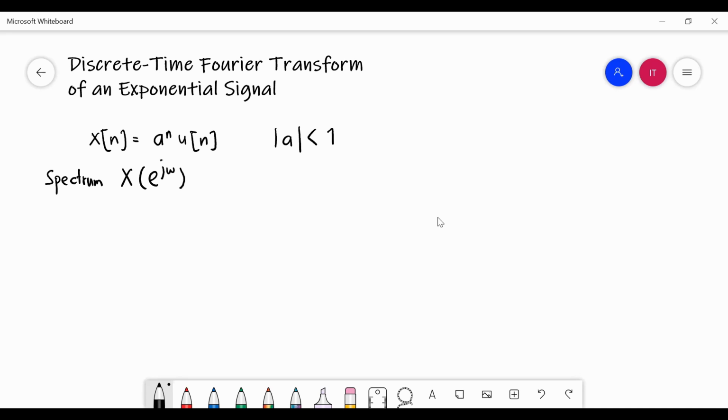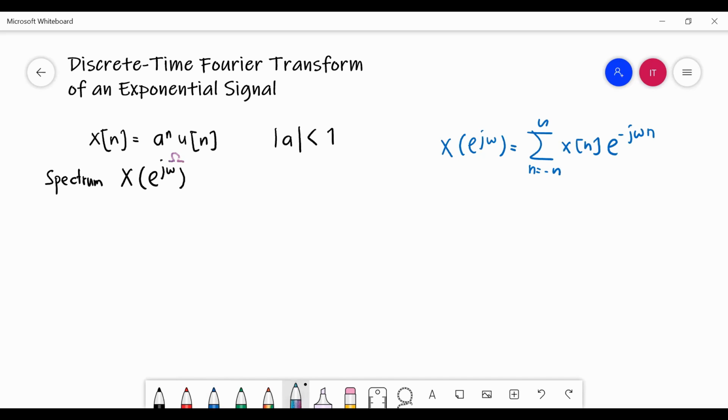In some books, they use a big omega to describe the frequency of a discrete time signal. As we know, the equation of the discrete time Fourier transform is like this: the sum from minus infinity to infinity of x[n] e^{-jωn}.